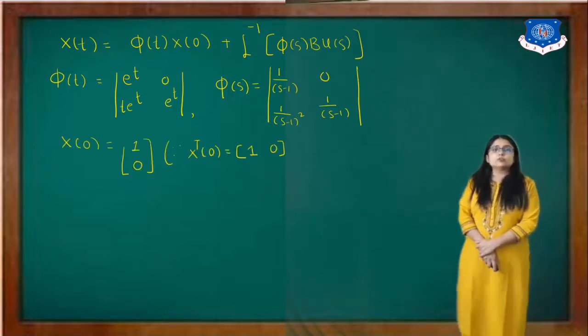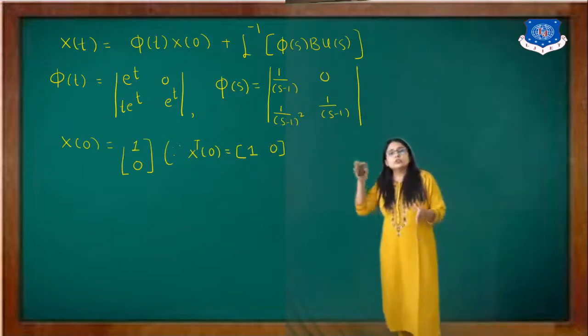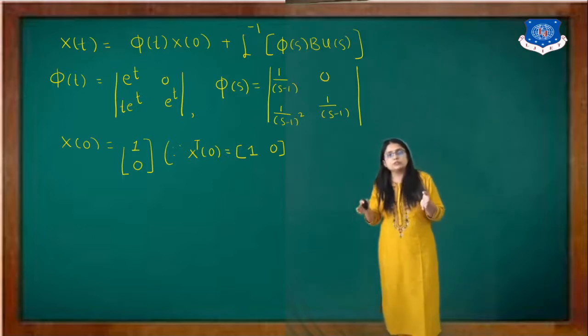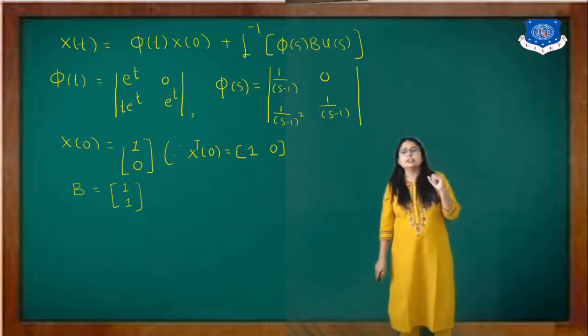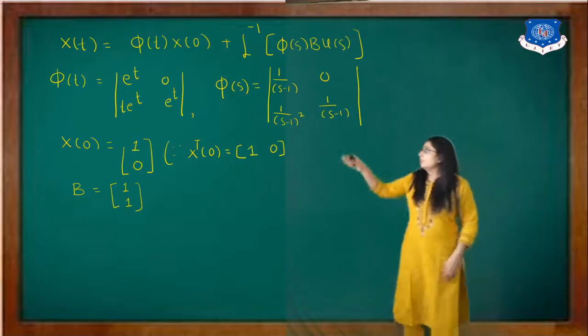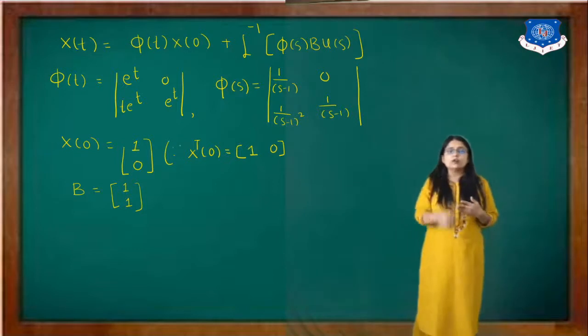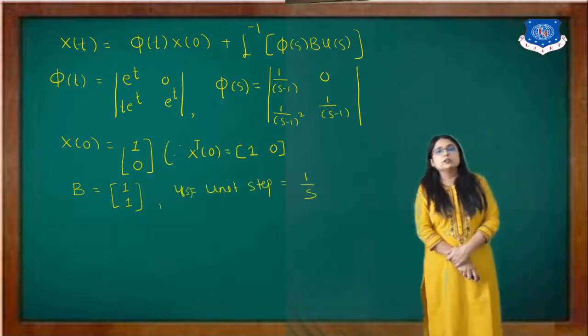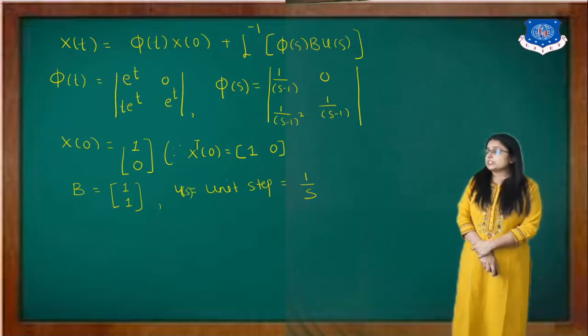Now, see the x of 0 is 1, 0 because the transpose is given to us 1, 0. So you just convert this row into column. And we have b, that is already given in the question 1, 1. Now we have all this value. Simply substitute all this value in above equation. Now here, u of s is missing.